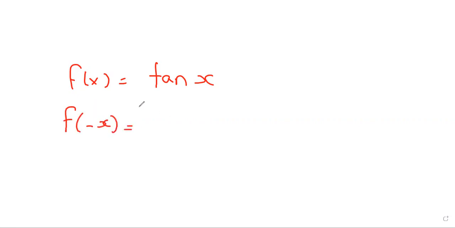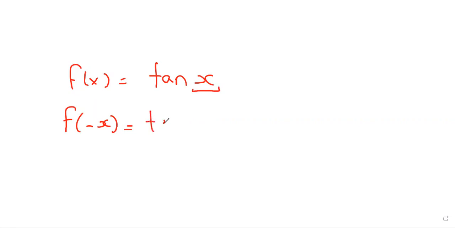Okay. So tan, if I have a function like f of x equals tan x, I want to check if this function is even or odd. So we will find f of negative x. Instead of this x, we'll write negative x.